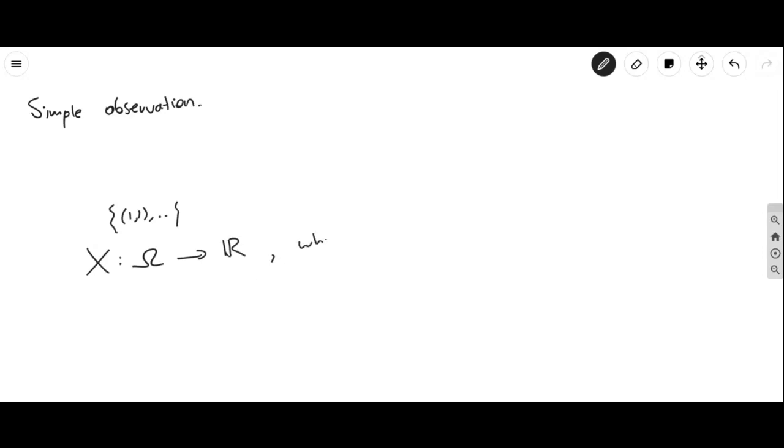So why is it that x inverse of an event belongs to the sigma algebra? This is actually quite simple because in this case, the sigma algebra for this event is the power set. It consists of every subset. So no matter what the event is, no matter what Borel set you pick, if you pull it back, it's a subset. And because it's a subset, it's automatically in the sigma algebra. So there's not much more to be said about that.